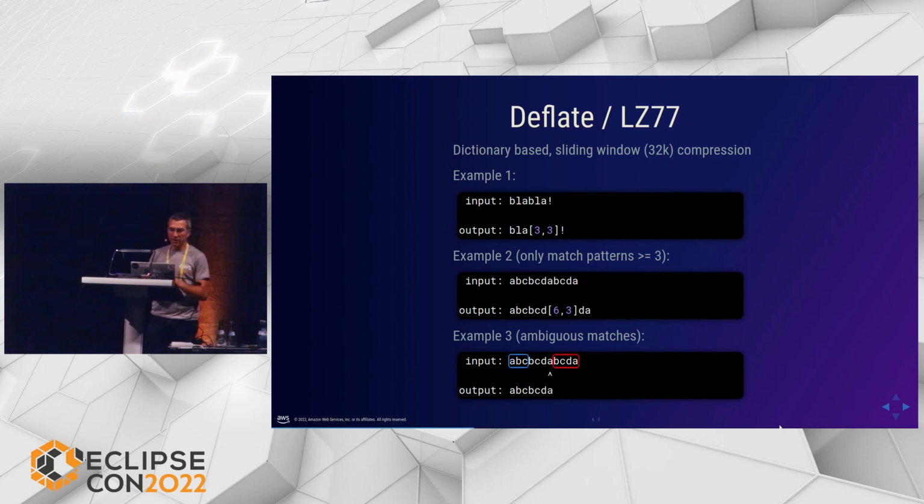But here at A, we could output a back reference for the sequence ABC. But if we would wait one more character and just output a literal A, we would see we could find a back reference for a string of length 4. So that's more efficient.